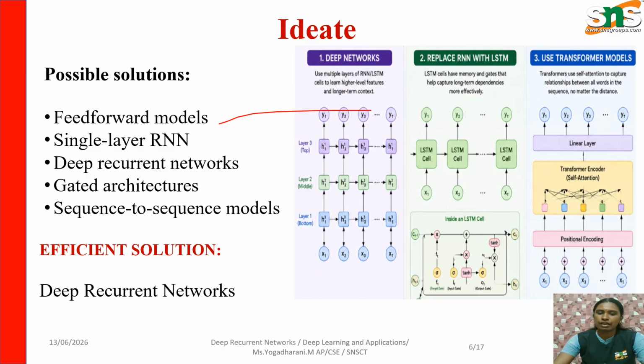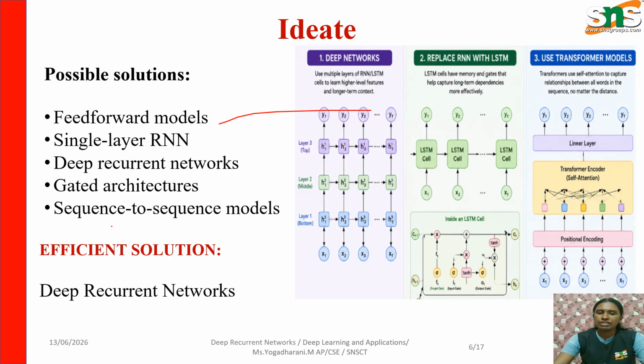Then deep recurrent networks use multiple recurrent layers and can learn richer representations. Then gated architectures, LSTM and GRU, which I told you already. LSTM stands for long short term memory, and GRU stands for gated recurrent unit, which solve the memory problem. And then sequence to sequence modeling, used for translation and text generation.